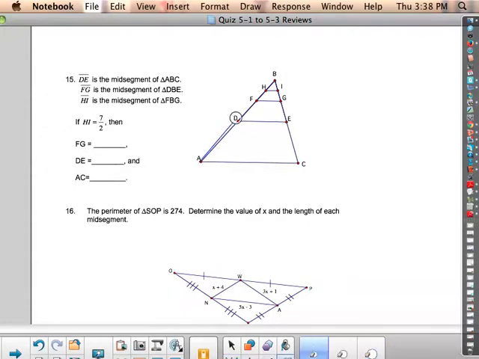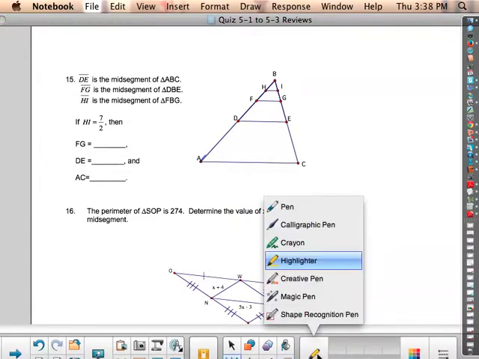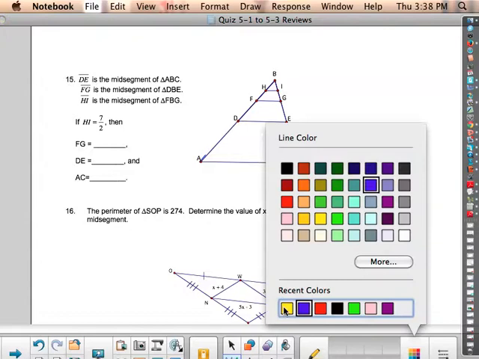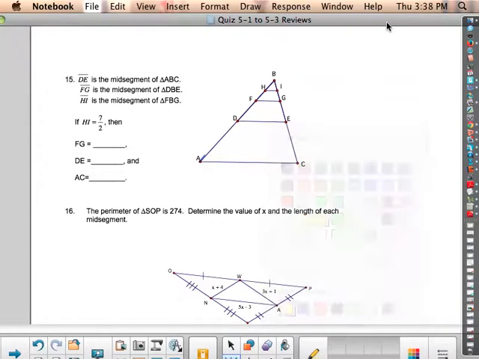Triangle ABC is here. So if you're looking at ABC, you know that DE is the mid-segment of ABC.